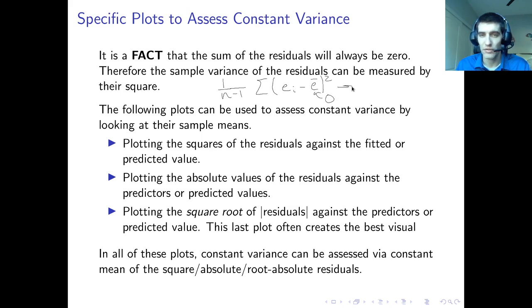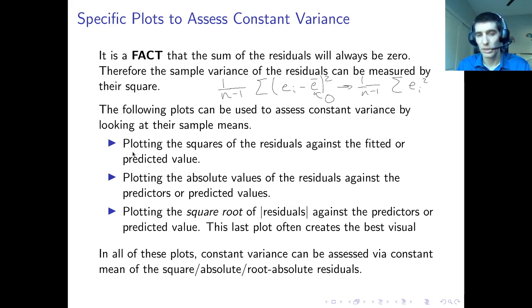So the sample variance is 1 over n minus 1 times the summation of e_i squared. That's because the sample mean is 0, right? So when I say the sample variance of the residuals can be measured by their square, this is why. And so we can actually plot the square of the residuals as a proxy for sample variance, because of the knowledge that the sample mean is 0.